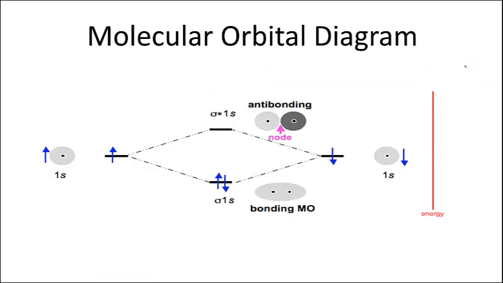So molecular orbital diagrams, you're not going to be required to draw in this course, but you will encounter them in the future. So the way this works is the outsides are the original atomic orbitals.